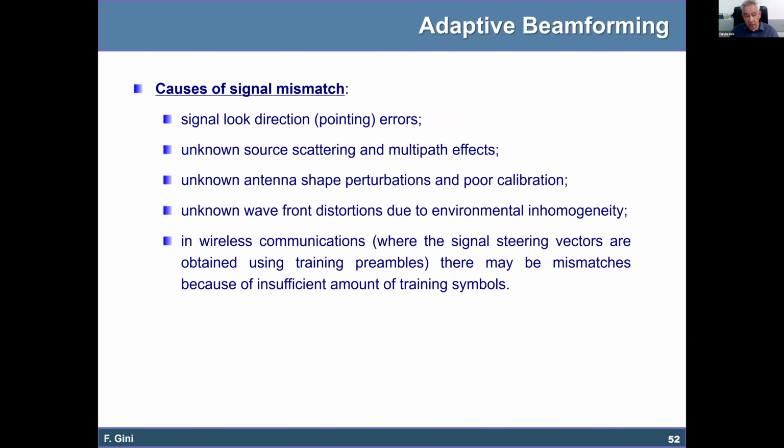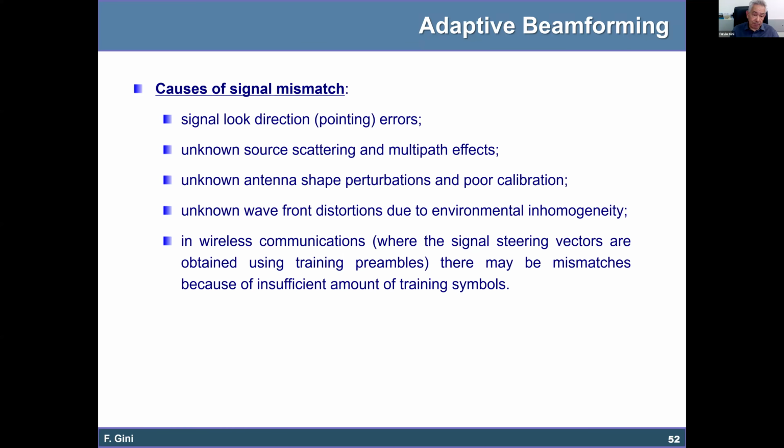So in general, there are a number of causes for signal mismatch. There can be a pointing error that I just mentioned. The source can be not point-like, so it could be a spread source. This also creates a mismatch between the assumed array response and the true one. There could be multipath, which can create some correlation between different sources.